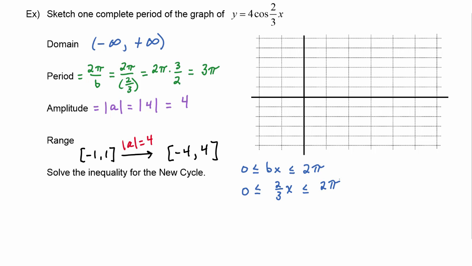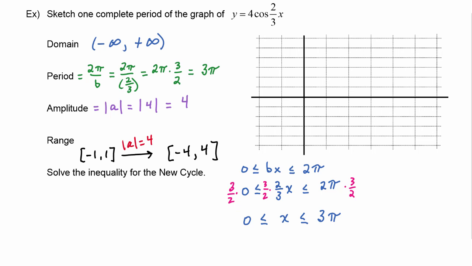Now to get the x by itself, we see that we're going to need to multiply by the reciprocal, which is 3/2. So we have to make sure we do that to all three pieces of the inequality. And we're going to get 0 is less than or equal to x is less than or equal to 3 pi.